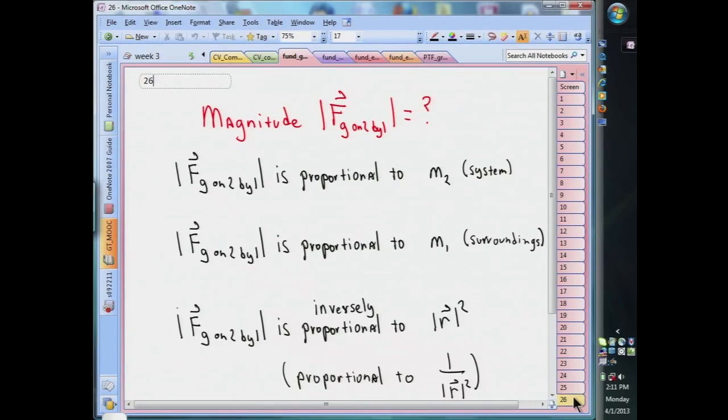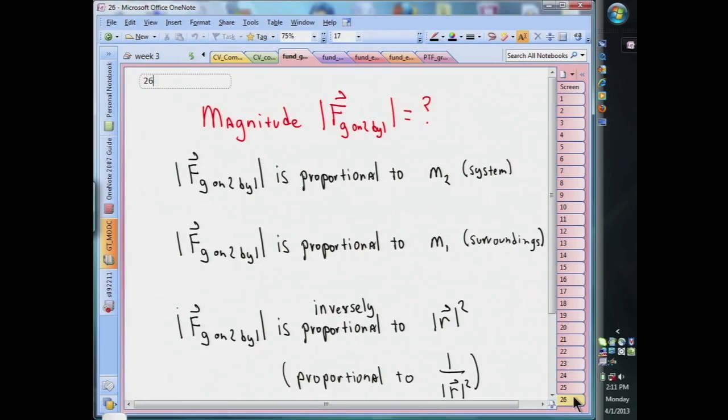Experiments and observations also tell us that the magnitude of the force depends on the distance between the two masses. Specifically, the magnitude of the force is inversely proportional to the square of the distance, where the distance is just the magnitude of the vector r.